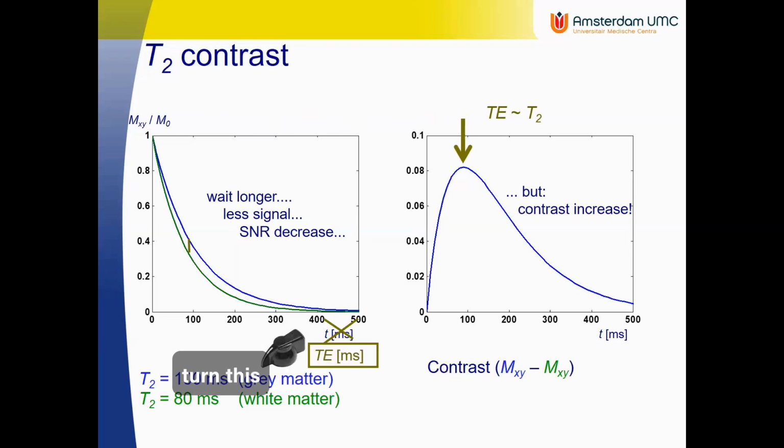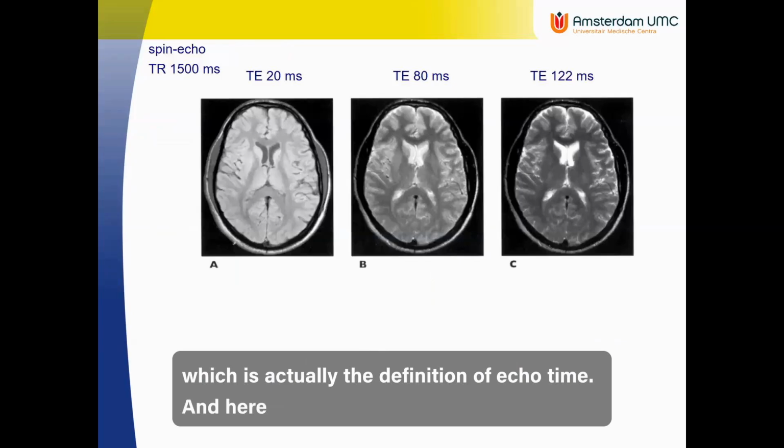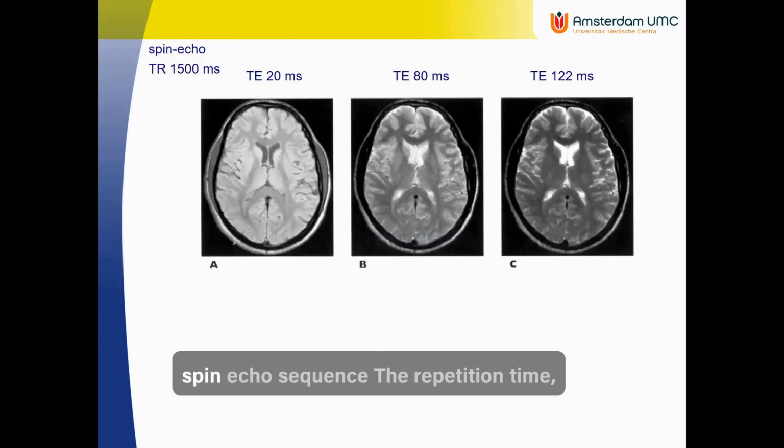So to turn this graph into something practical is not so difficult, because we just replace the wait time after the excitation pulse with my echo time, which is actually the definition of echo time. That's rather simple. And then here you have an example of a spin echo sequence.